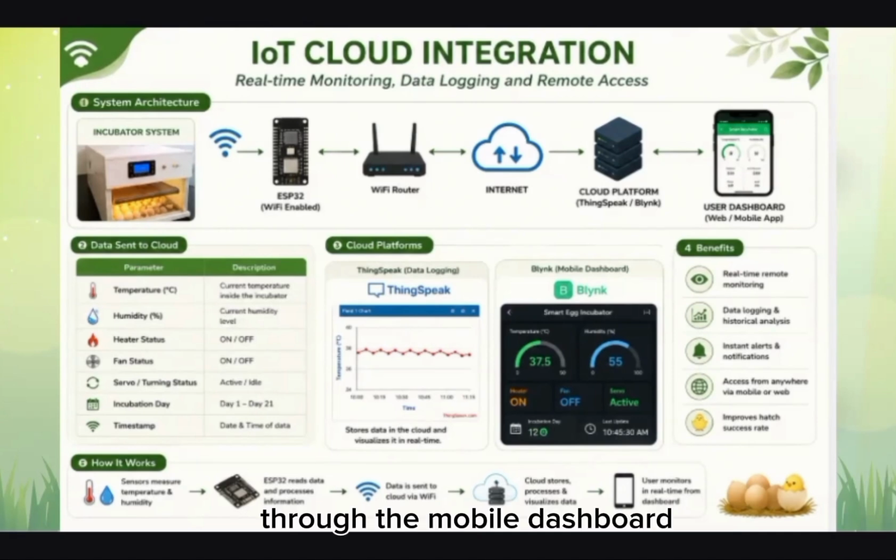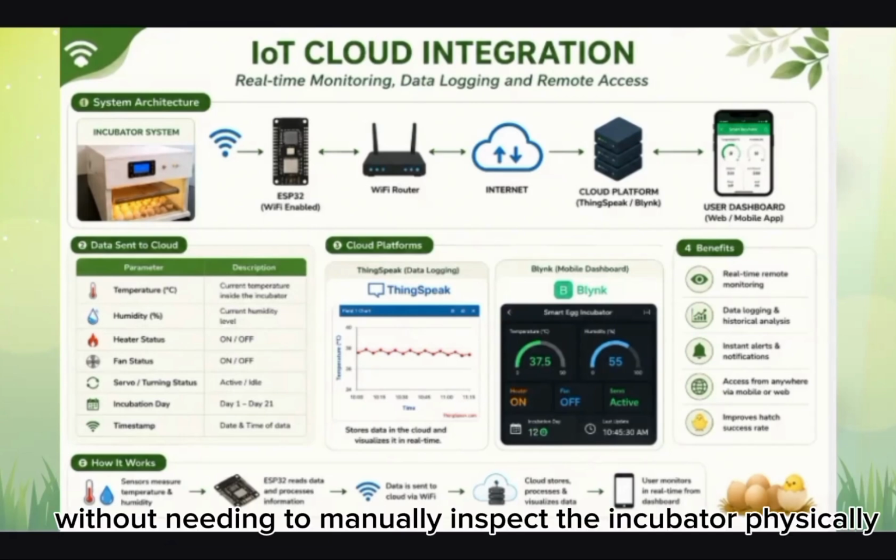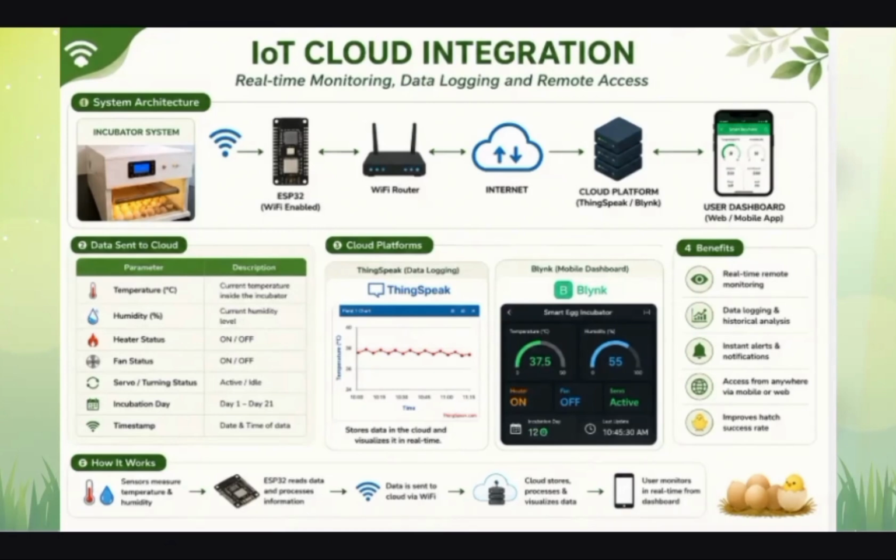Through the mobile dashboard, users can remotely monitor the incubator in real time using a smartphone or a computer. One of the major advantages of this system is that it can access environmental conditions from anywhere without needing to manually inspect the incubator physically.